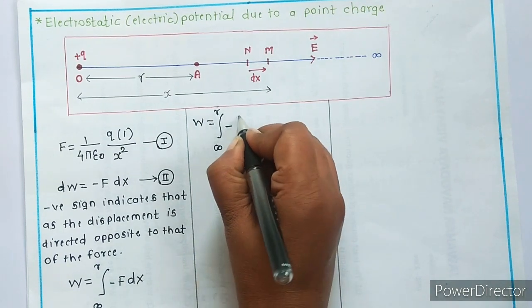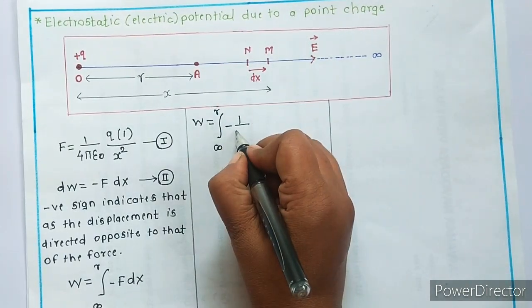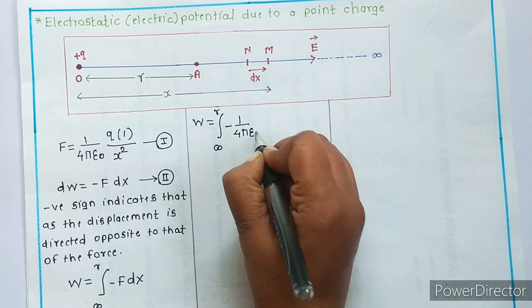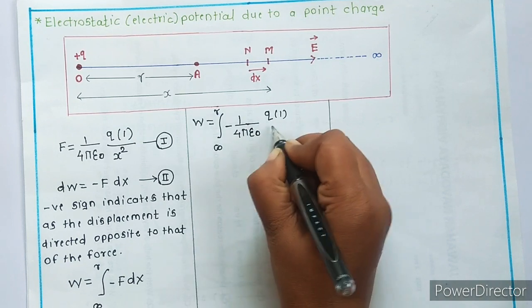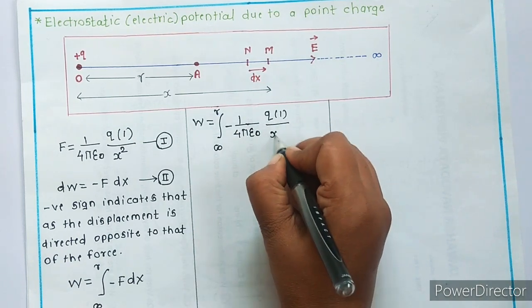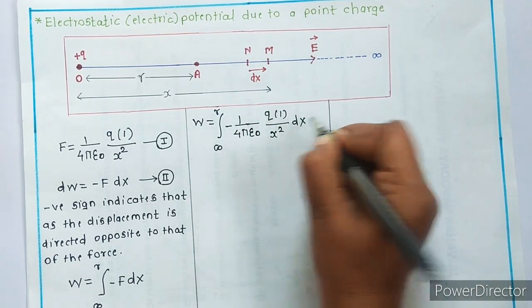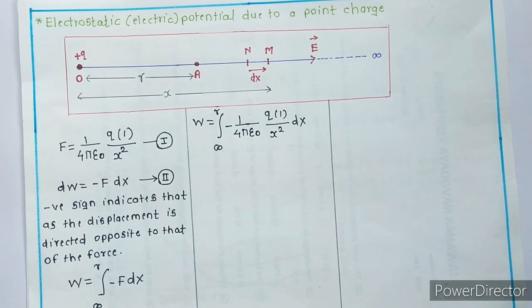So minus, what is the value of F? Q upon 4 pi epsilon 0 x square dx. Now this is an integration. Take the constant term outside of the integration.